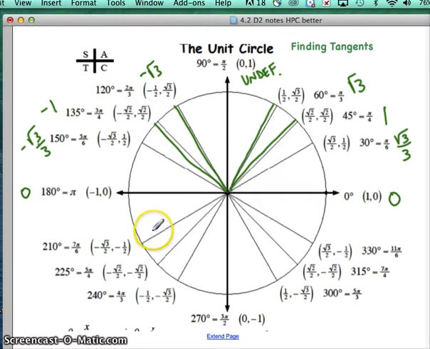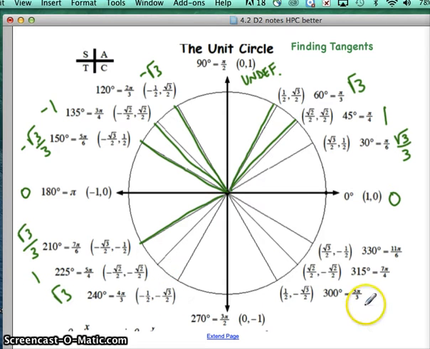So if we reflected this tangent over the x-axis, it would go here, but everything, a negative divided by a negative would be positive. So a negative divided by a negative would be a positive 1. Negative divided by a negative would be a positive radical 3.